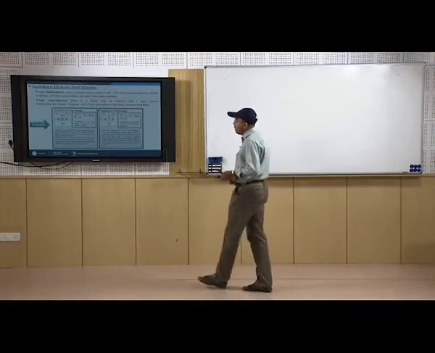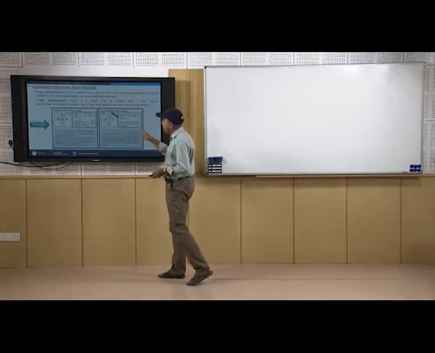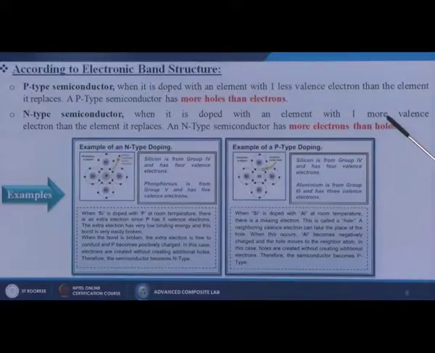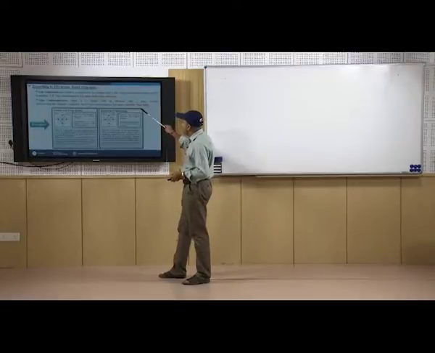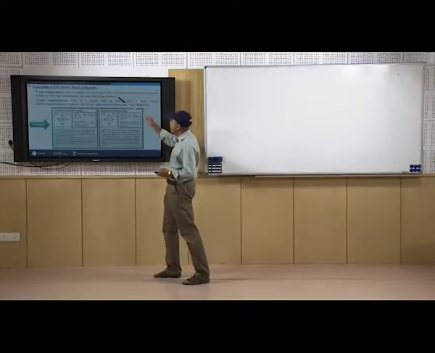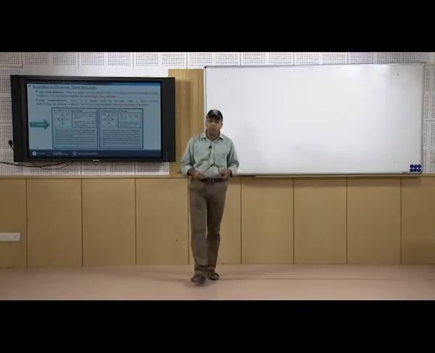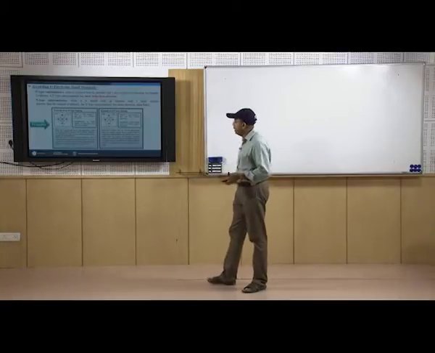Then for the n type semiconductor, when it is doped with an element with one more valence electron than the element it replaces, it has more electrons than holes. So, for n type the electron density will be more than the hole density, and for p type the hole density will be more than the electron density.